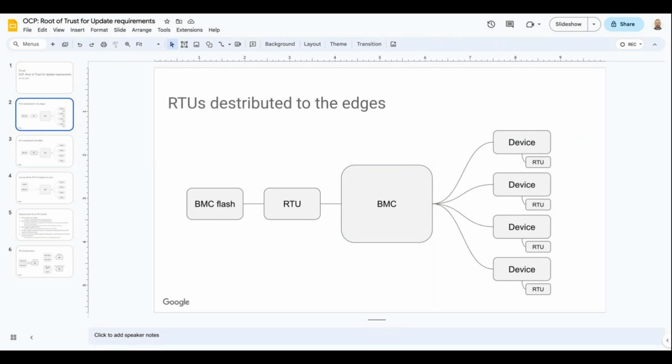Most devices that I know, you can update from the host without going through the BMC, or you can update them from the BMC, right? True. So there's a whole platform architecture that you have to fit into this, where you have restrictions like that, right? I'm going to have a log and I have to trust it, so I have to have some assurance that that device does not accept updates without the knowledge of the central place or without updating that log or something, right? But it definitely goes beyond the definition of the RTU, I think.